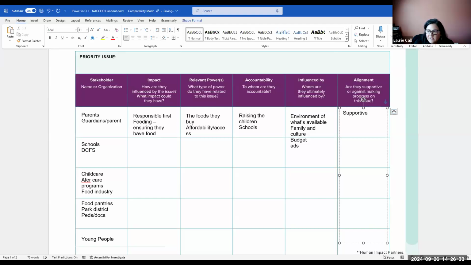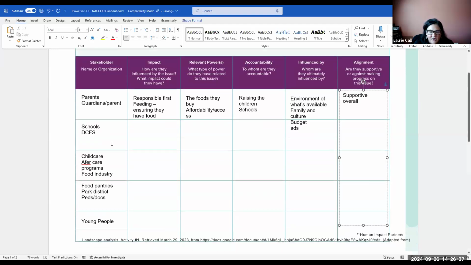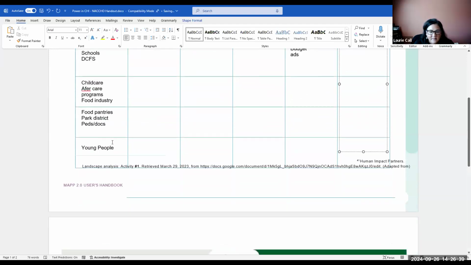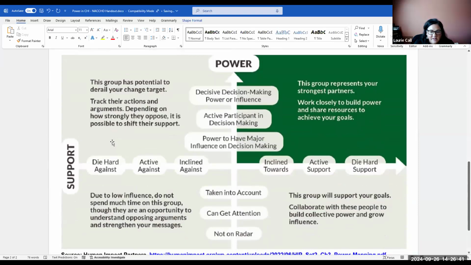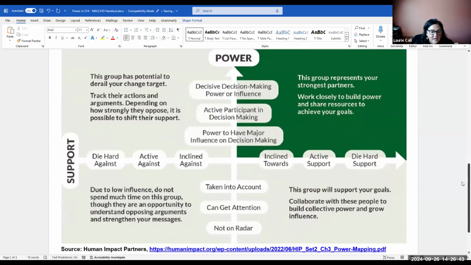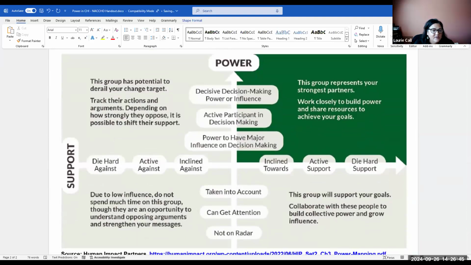Yeah. So if we move on to the next phase or the next question of this process, we're not going to have a lot of time, but let's just think about where parents would fit on this power grid. You can see that along the X and Y axes, we have different levels. What's their level of support? Are they diehard against?